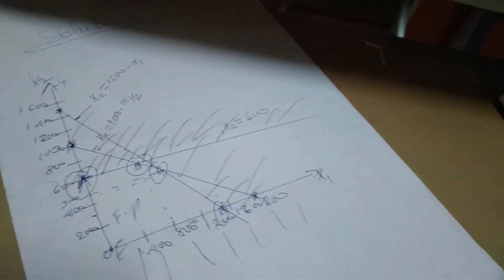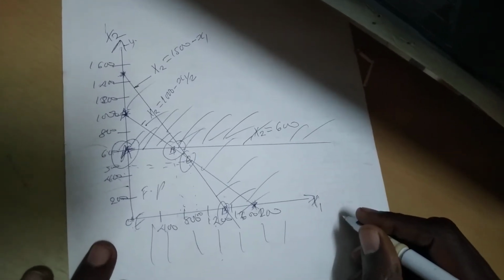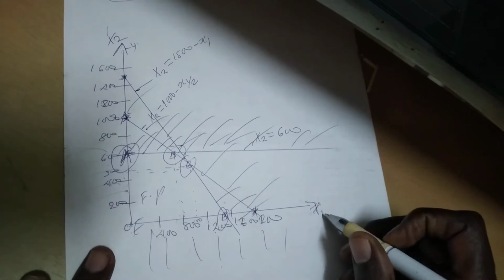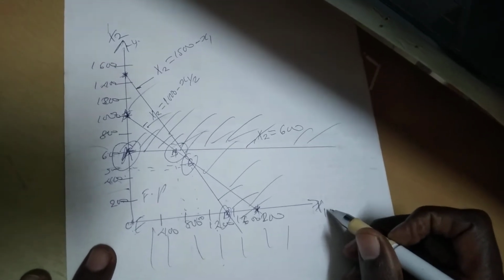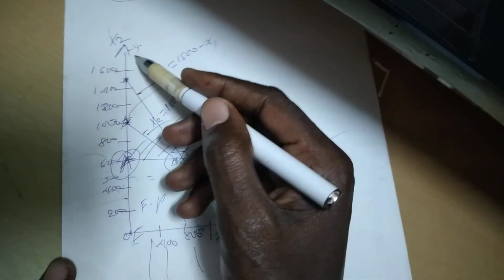Now here, we have a problem. When you are plotting a graph, this is what you need to do. Identify the y-axis, identify the x-axis. So x1 becomes our x-axis and x2 becomes our y-axis.